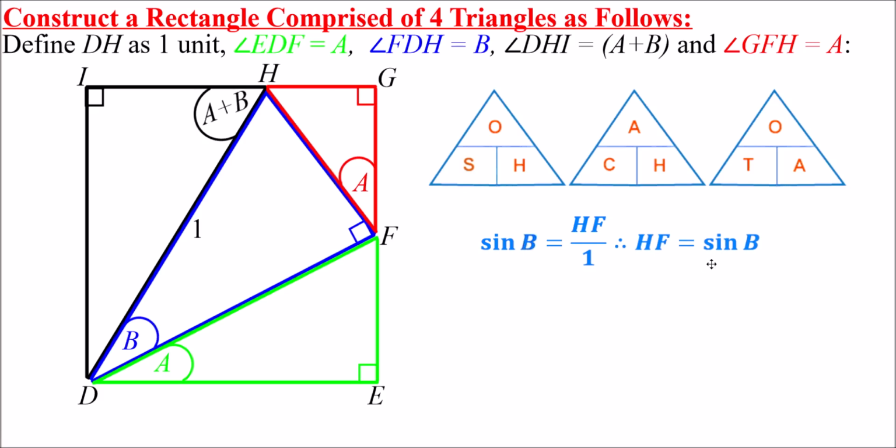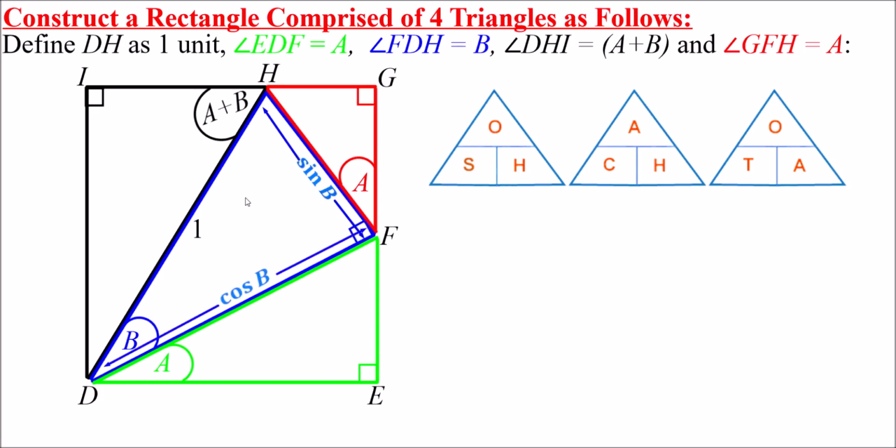HF is sine B. So let's label that on. In pretty much exactly the same way, using the CA triangle, we can see that side DF down here must be cos B. Convince yourselves of that if you're not too sure, but it's hopefully not too hard.